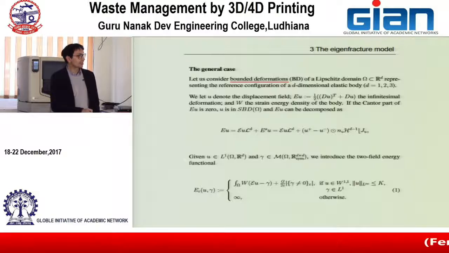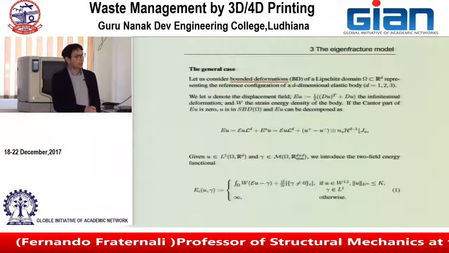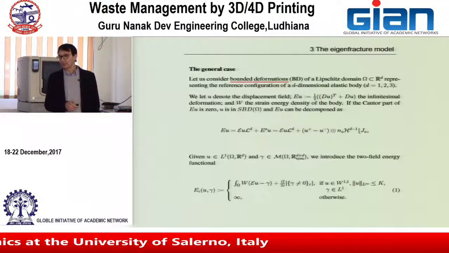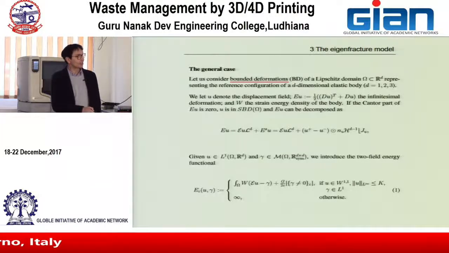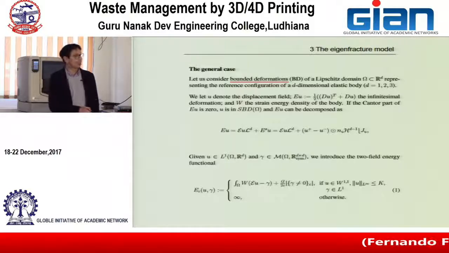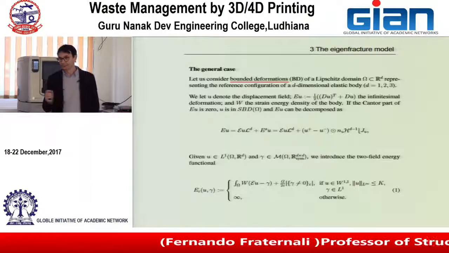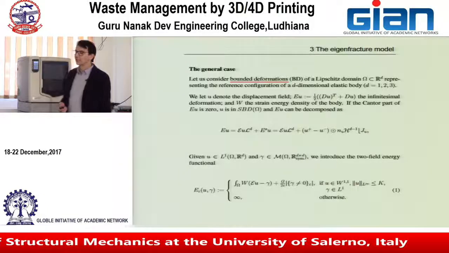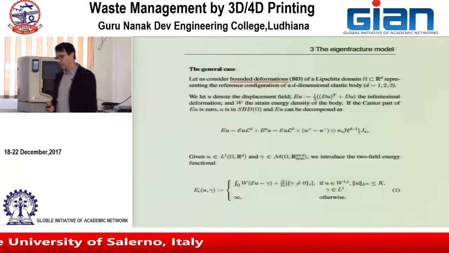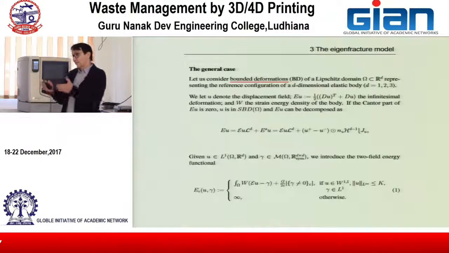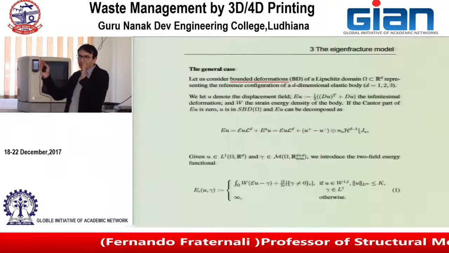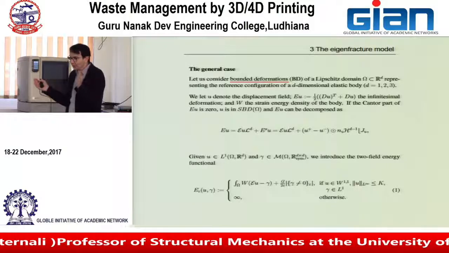The elastic energy is a function of the displacement gradient, or the elastic strain, Eu, minus this damage variable, and we measure the fracture energy as G. G is the toughness of the material. We call it G as is standard in the literature about fracture mechanics, times the measure of the cracked region, okay?